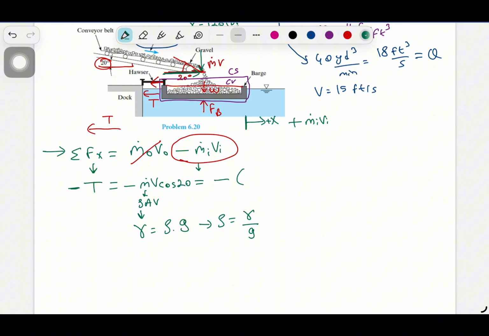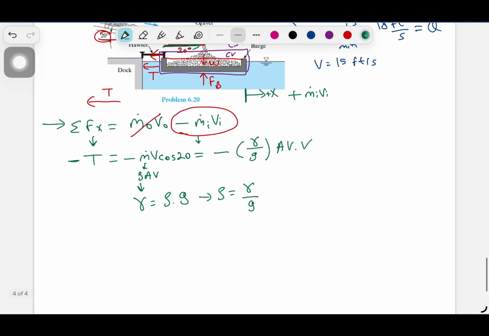So we have minus specific weight over g times A V times V. And here we actually can use Q, because Q is equal to V A, velocity times area, which is coming from continuity equation.